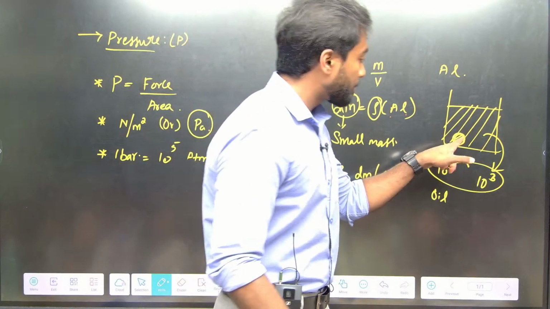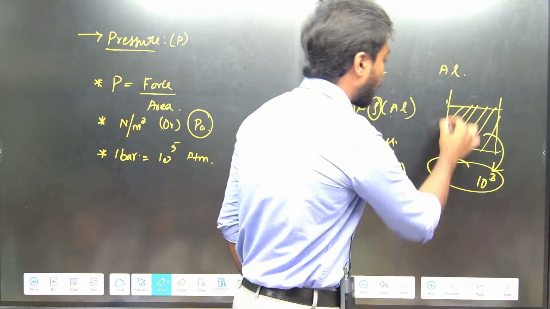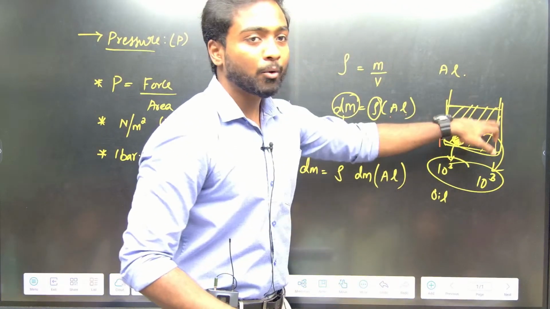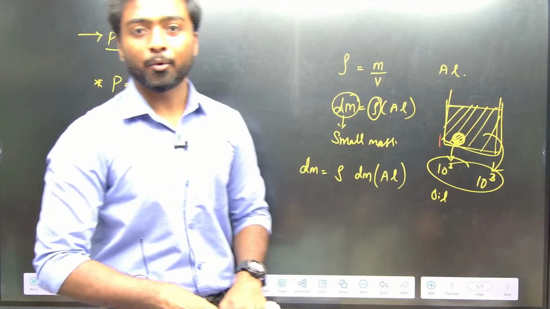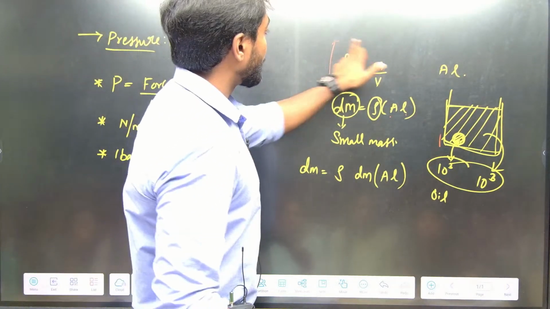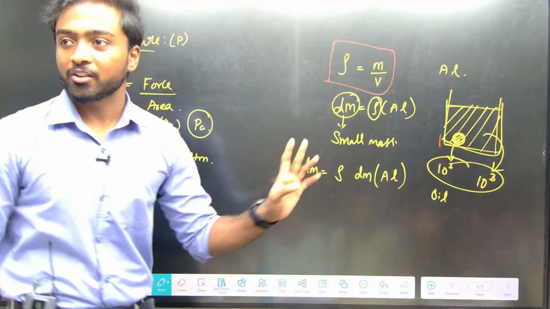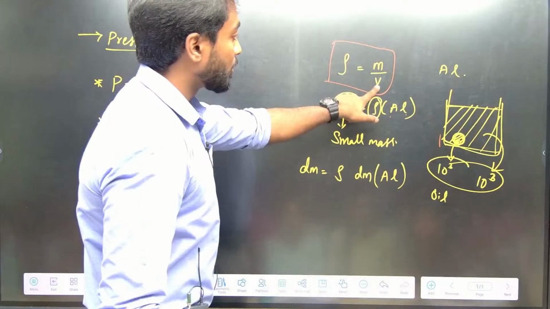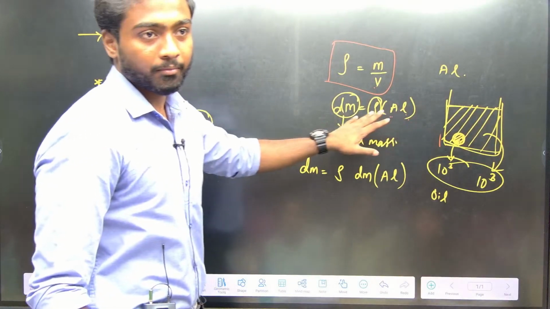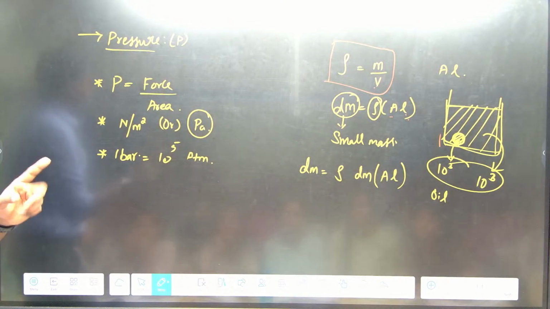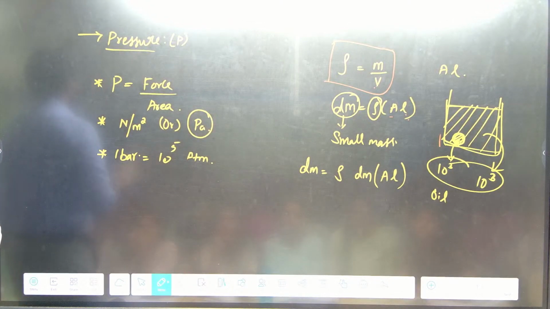Can I talk about that mass also? If I talk about the whole container, the liquid is there, no? Can I talk about the whole volume and whole mass? Getting the point? So we know the formula, density equals to mass by volume, right? So can I write volume in terms of area and length? Yes, no? So mass will be equal to density times area times length. Any doubt up to this?